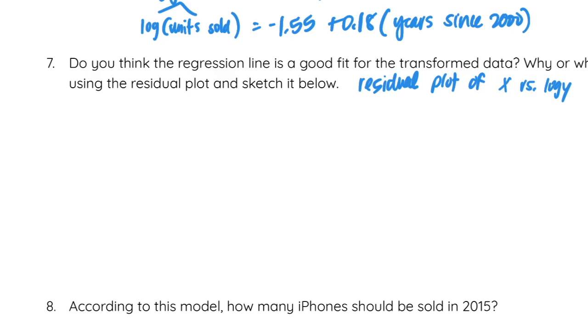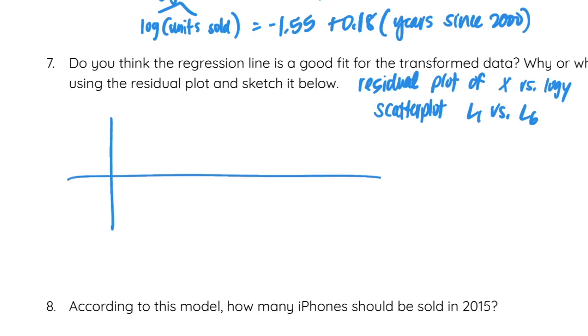Now I have new residuals, and now I'm going to scatter plot L1 versus L6. Now my scatter plot looks a lot better. There's no leftover pattern. And that means that our data is good.